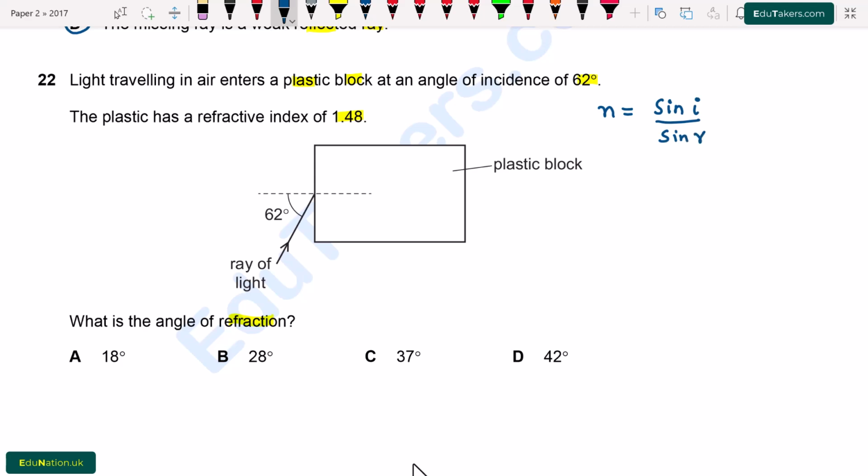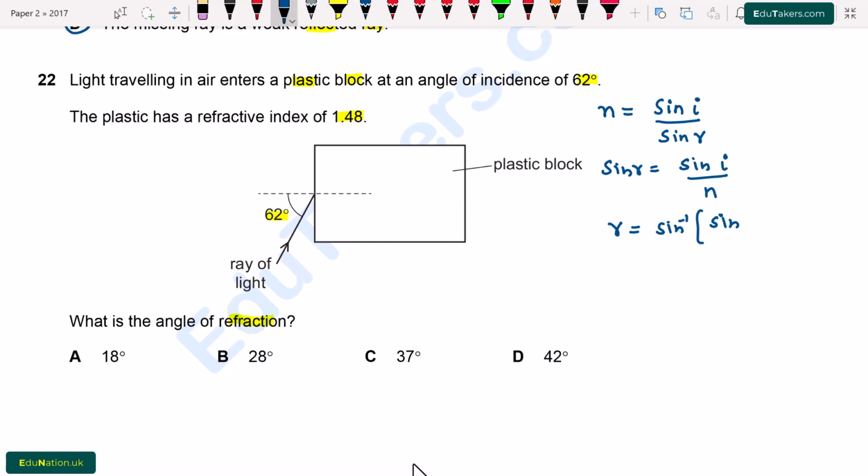Here we have to find out angle r. So I write here sin of r will be equal to sine of angle of incidence divided by n. So r will be equal to sine inverse of sine of angle of incidence. Here the angle of incidence is given 62 degree.